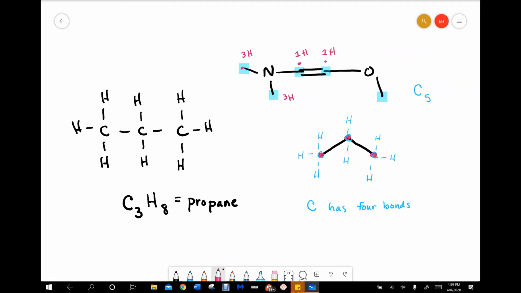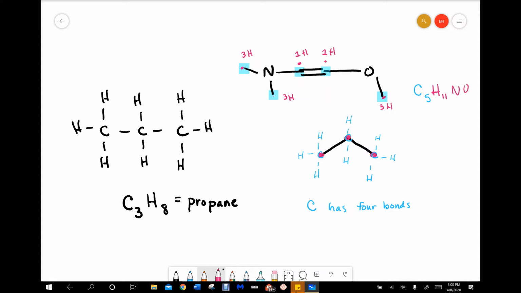Finally, this carbon attached to oxygen just has 1 bond, so it needs 3 hydrogens as well. So we need a total of 11 hydrogens: 6 on the left, plus 3 on the right gets you to 9, plus 2 is 11. Then, to complete the formula, we have 1 nitrogen and 1 oxygen as well.